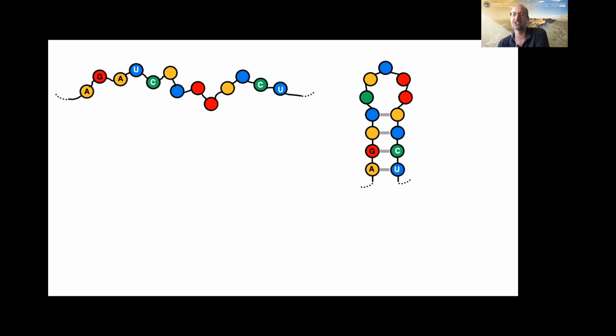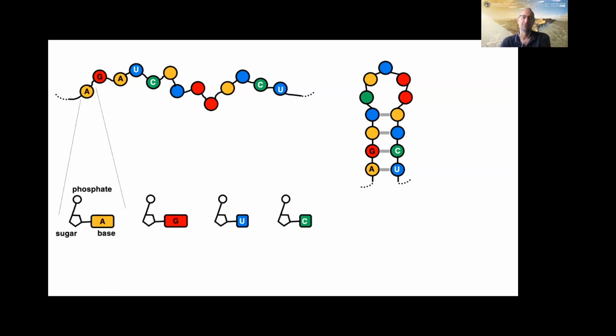Stretches of A, G, C's, and U's. And then we know that when we have these Watson-Crick pairs, G pairs with C, 3 hydrogen bonds, A pairs with U, 2 hydrogen bonds. So we get structures maybe like this hairpin on the right, where there's a stem part and a loop part. So we have helices, and then something else. Right? And what is that something else doing?